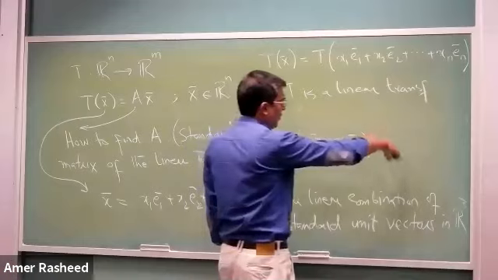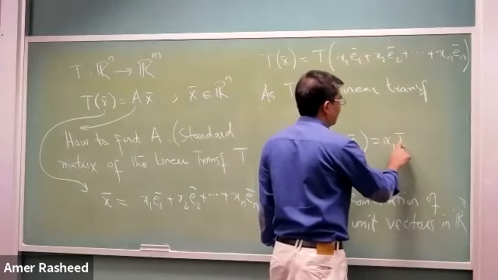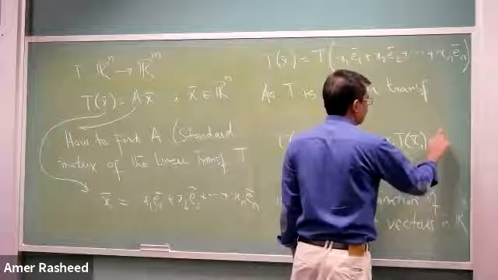This one is equal to what? Can you tell me? How can we write it? Alpha 1 T of x1 plus alpha 2 T of x2. This was a property.